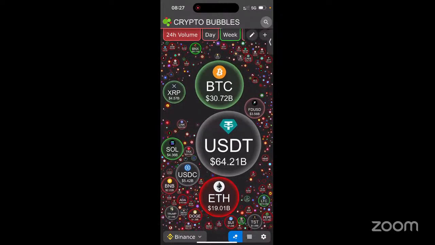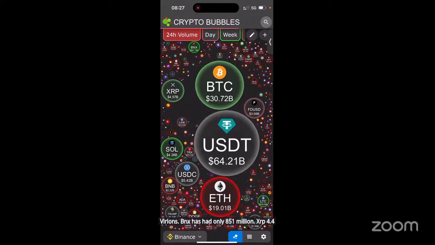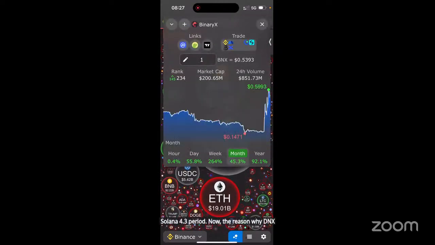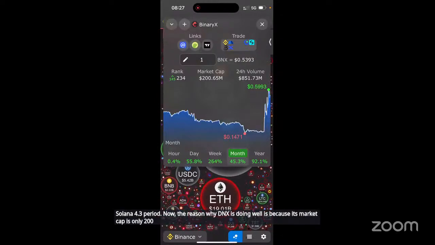BNX has had only 851 million, XRP 4.47 billion, Solana 4.3 billion. Now, the reason why BNX is doing well is because its market cap is only 200 million.